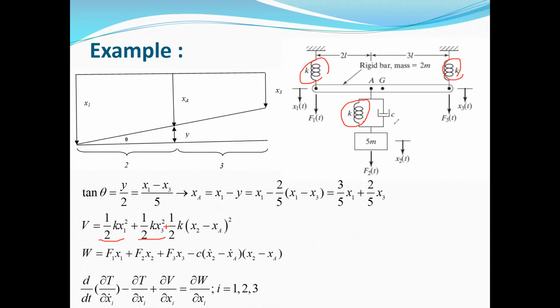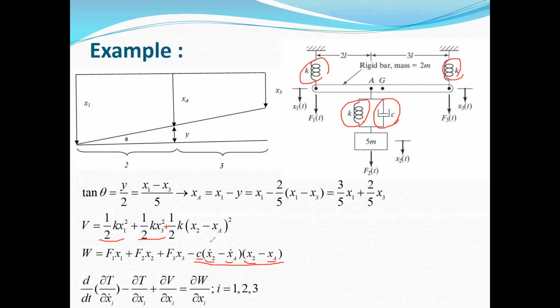As I told you, this damper is considered as an external force, and the force is equal to C times (xa dot minus x2 dot), or (x2 dot minus xa dot), multiplied by its displacement, which is xa minus x2 or x2 minus xa. Here you should pay attention. If you consider here the force in the damper is C times x2 dot minus xa dot, then the displacement will be x2 minus xa.